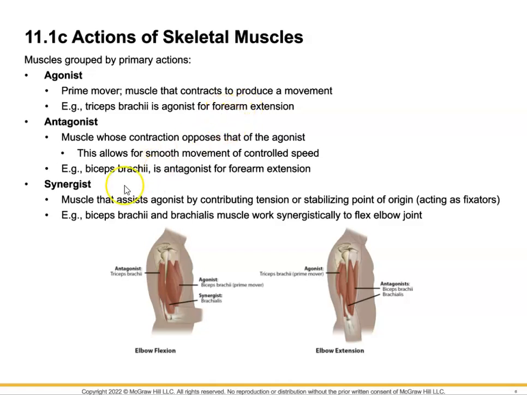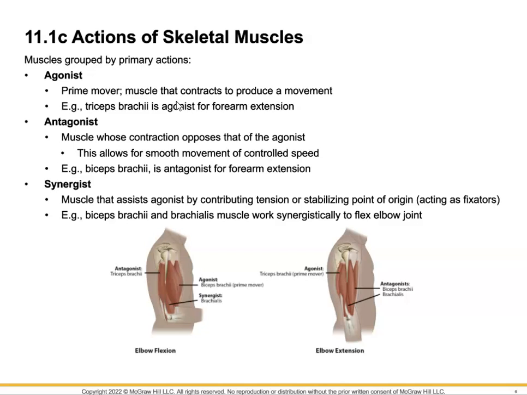Now we just talked about the biceps brachii going to flex the forearm, so it is antagonistic to the triceps. So these two muscles always have opposite action, agonist and antagonist. Agonist moves in one direction, antagonist moves in the other.